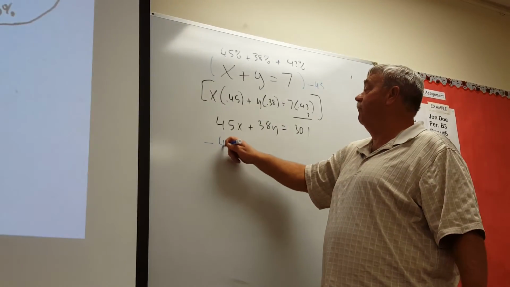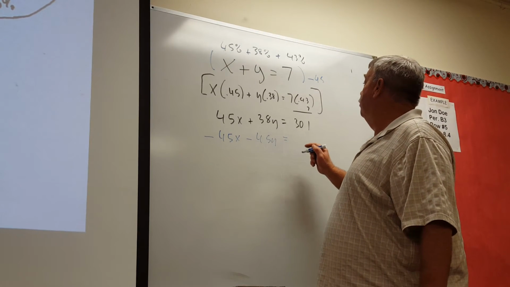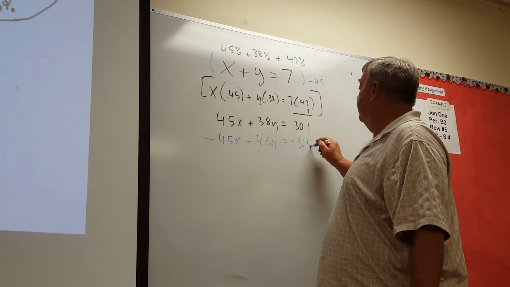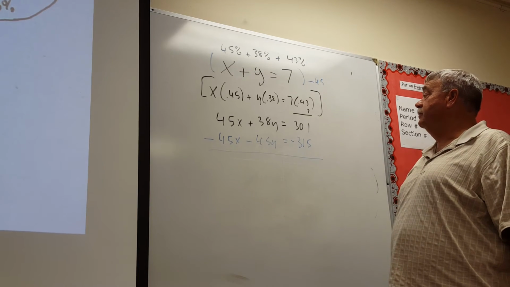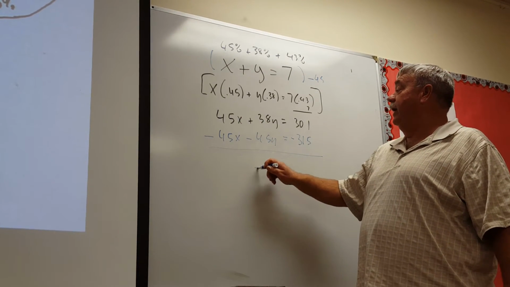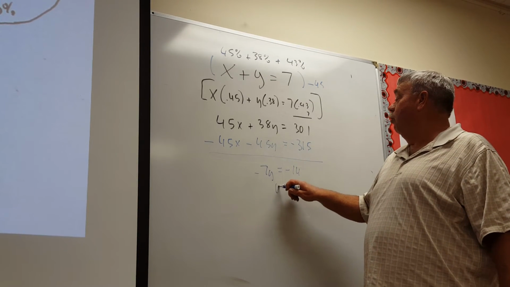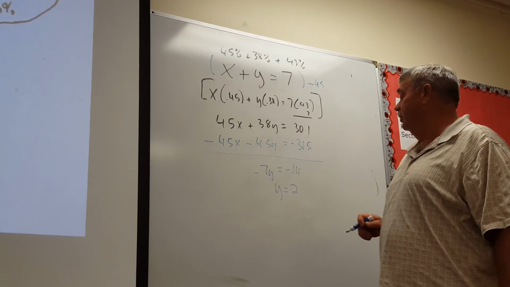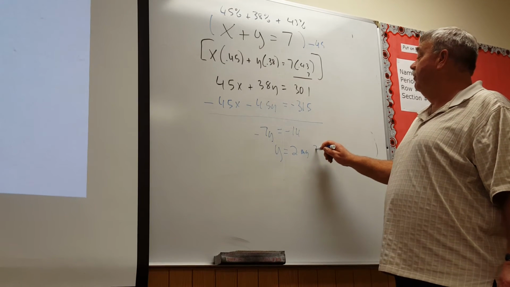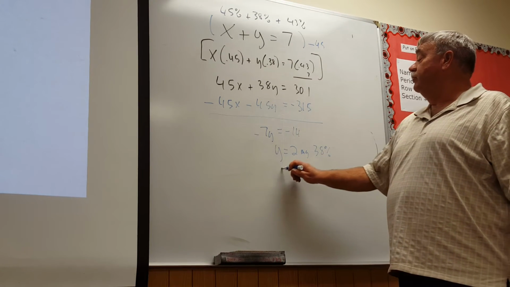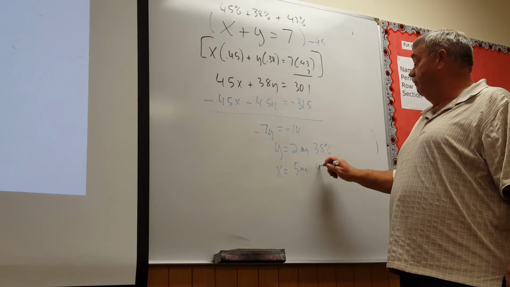So that's negative 45x minus 45y equals negative 350. That's 7 times 45, okay? The x's go out, I get negative 7y equals negative 14. So y is going to be 2. And y would be 2 milligrams of the 38%. So x is going to be how many? So it's 5 milligrams of the 45%.